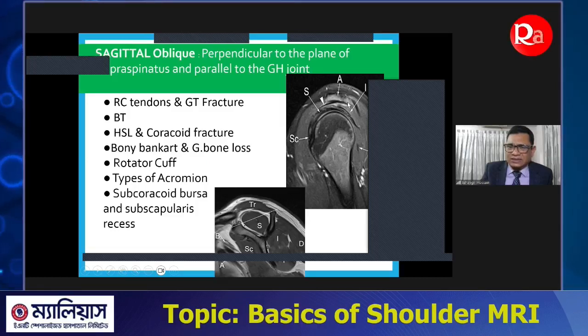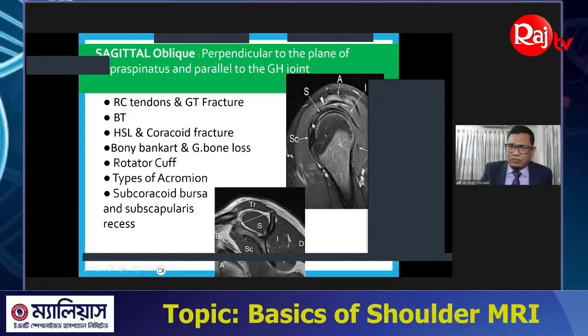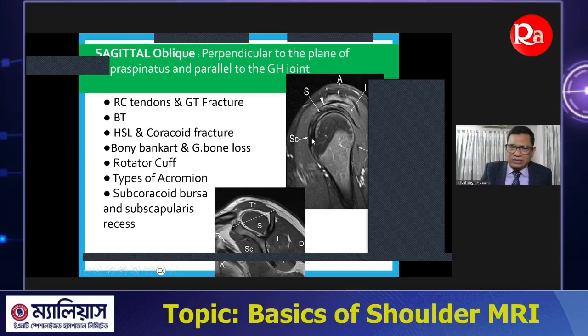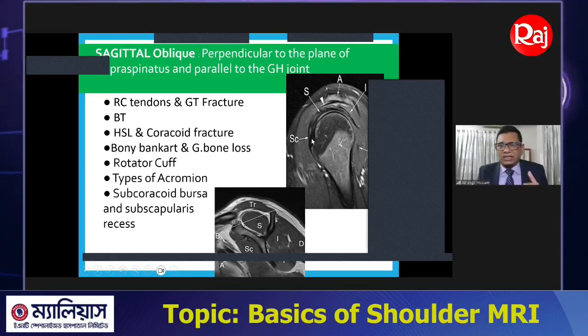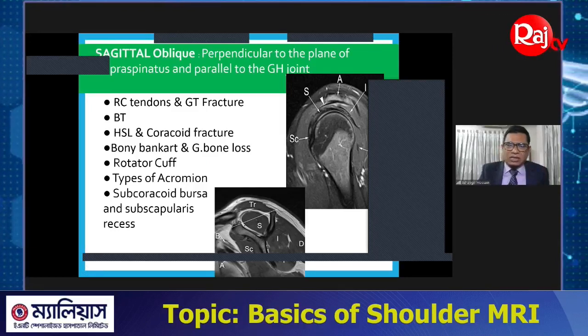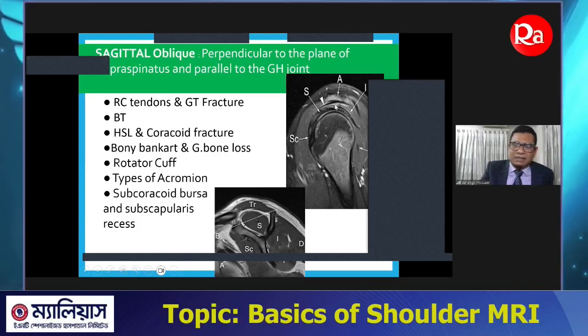Above, you can see this is the acromion, and here is the biceps tendon in the bicipital groove, and this is the subscapularis tendon. So all important rotator cuff tendons as well as the acromion we can see in this sagittal plane cut.